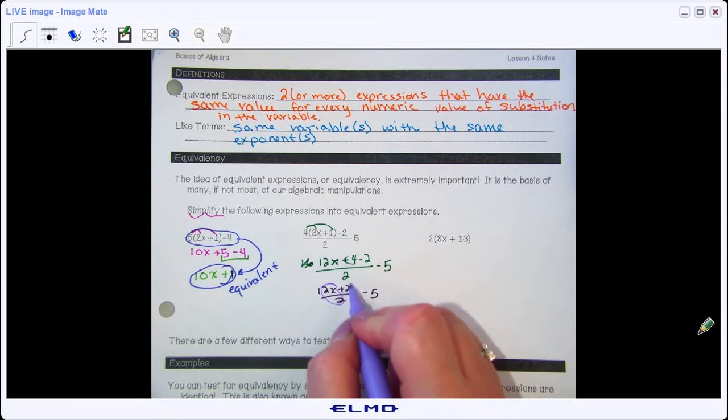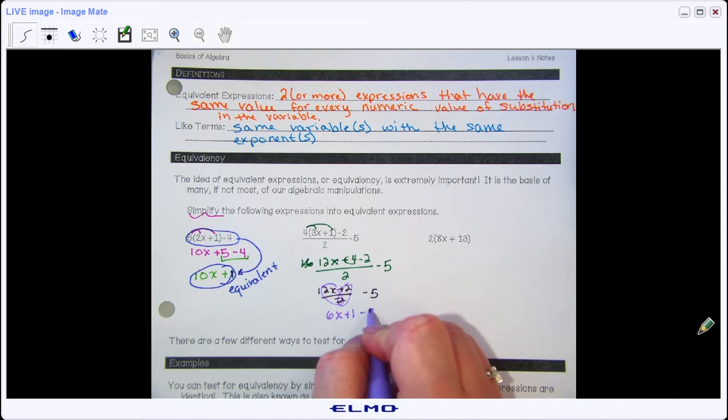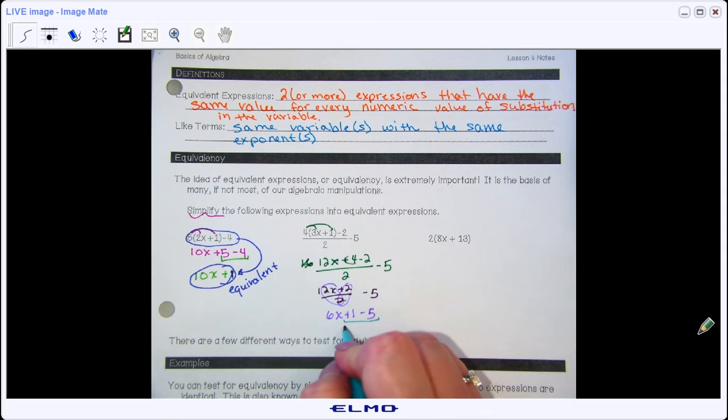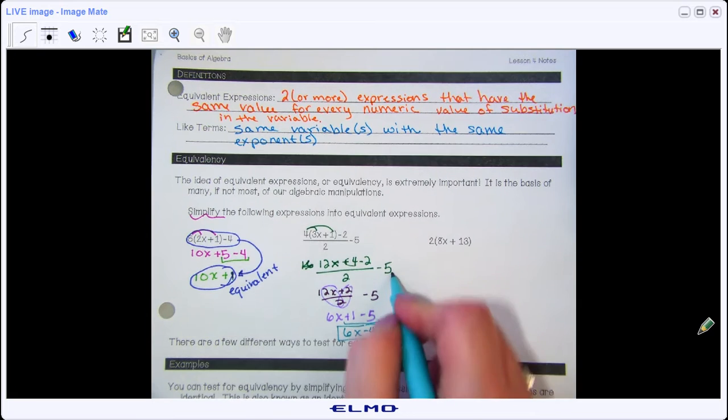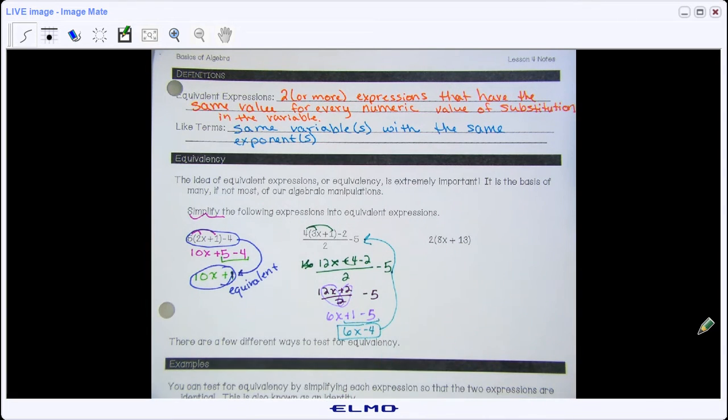So now I'm going to just divide by 2 here. So that gives me 6x plus 1 minus 5. 1 minus 5 gives me 6x minus 4. So again, this is equivalent to that I started with. And each step in the process is also equivalent.